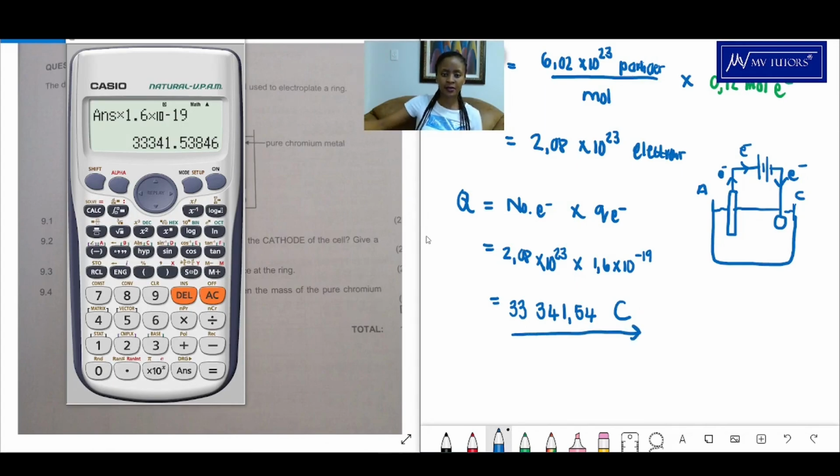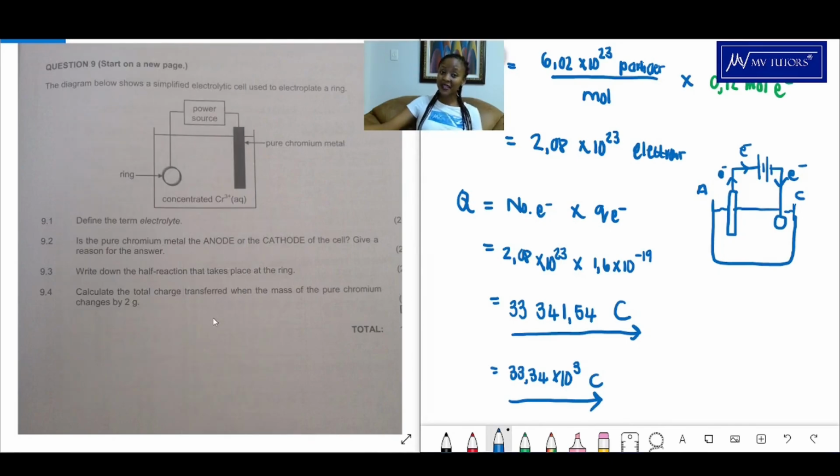So that is the charge there. Or you could have simplified it and said 33,34 times 10 to the power 3 Coulomb. Same thing. And guys, that brings us to the end of the paper.